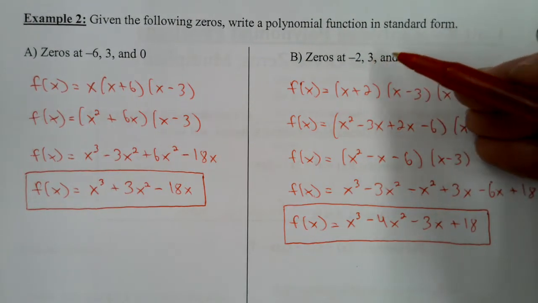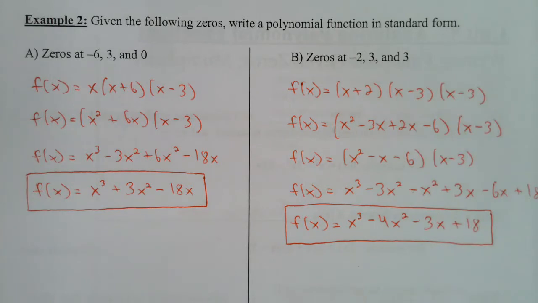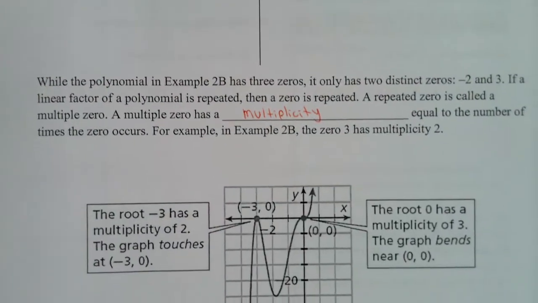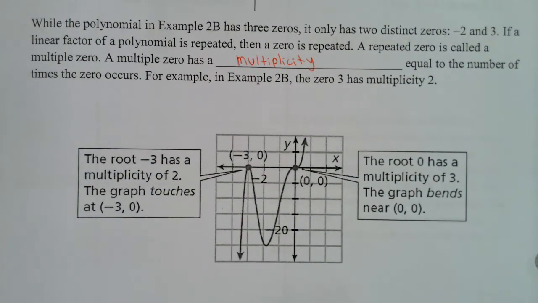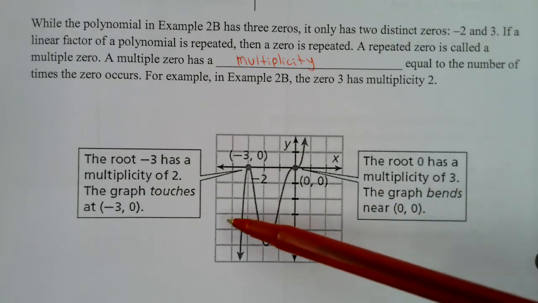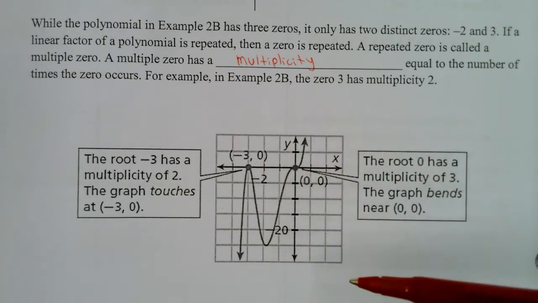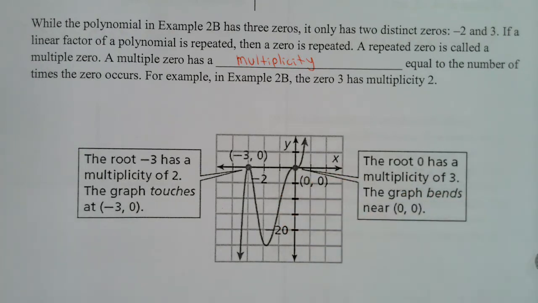Okay? It occurs twice. If this said -2, 3, 3, 3, 3, 3, then it would have a multiplicity of 5 because it occurs 5 times. We're going to talk about what graphs look like later, so I'll save that till later.